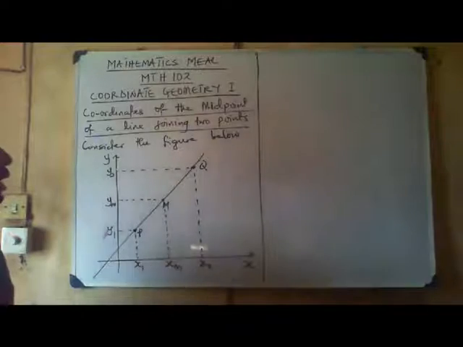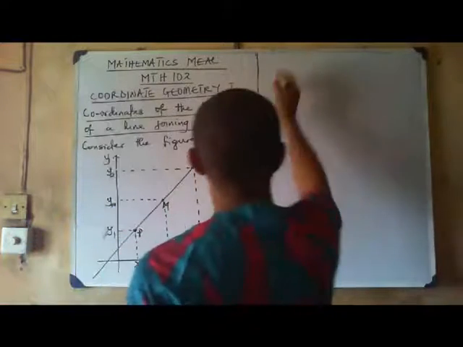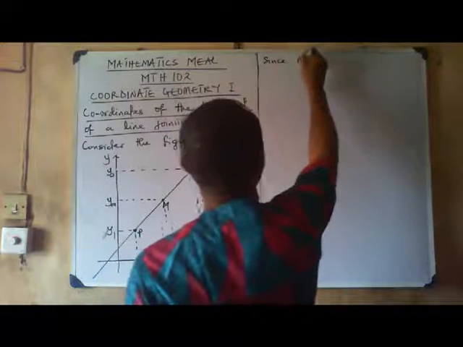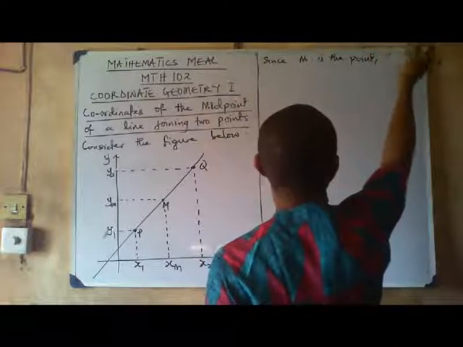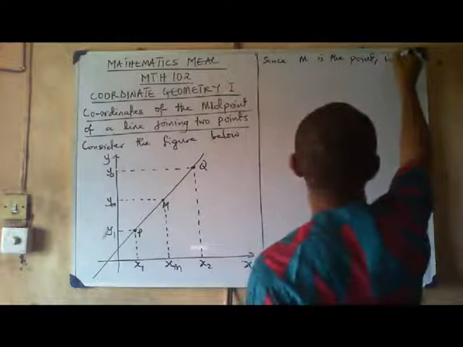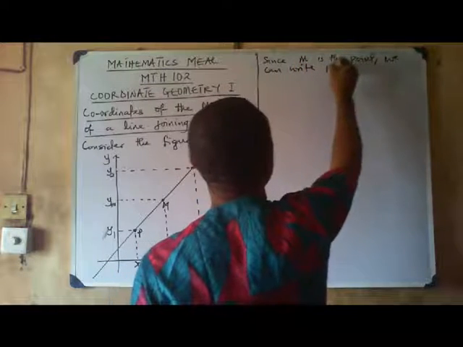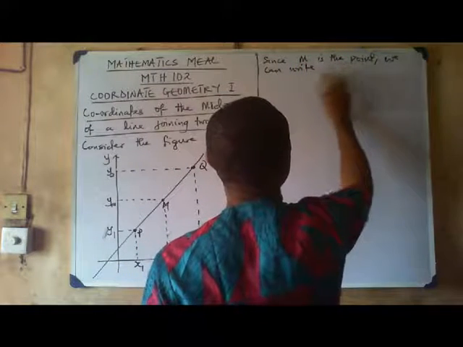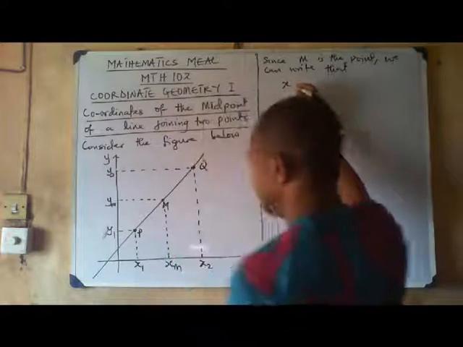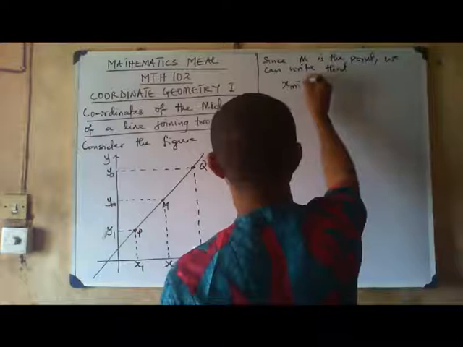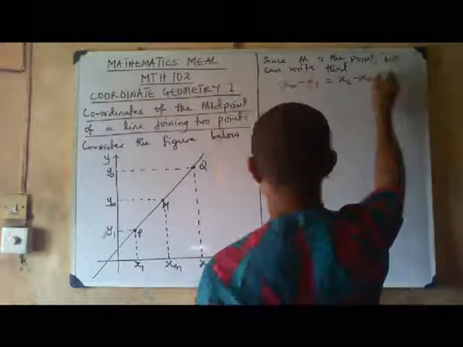Now, if we apply that analogy from this figure, we can say that since M is the midpoint, by similar triangles and other distances, we can write that XM minus X1 will give us X2 minus XM.